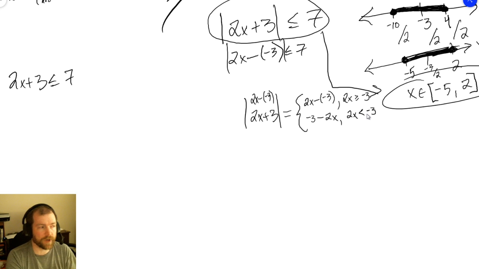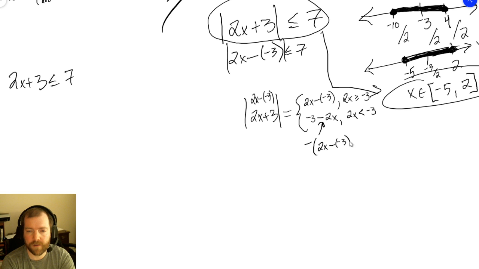That's really what we're getting. And here you didn't necessarily have to literally swap them. You could actually just say that this is the same as negative parentheses 2x minus a -3. So negative on the outside of that parenthesis.